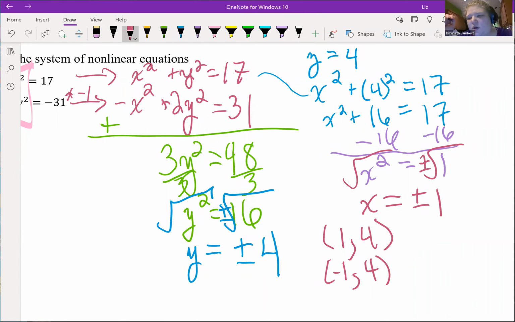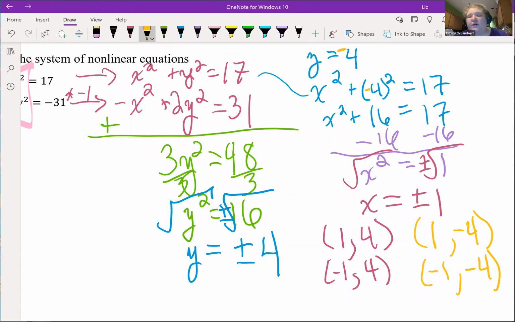You're just going to have the positive or the negative version of the number. So check it out. I'm going to sneak in here and magically substitute in negative 4. That's a minus now. There's a minus in there, but it squares, and now we're back to the exact same work. I'm not writing it twice. So with negative 4, when y is negative 4, we also get plus or minus 1.